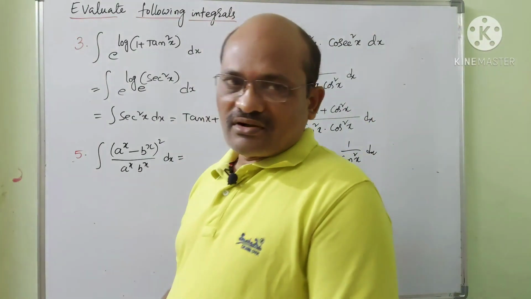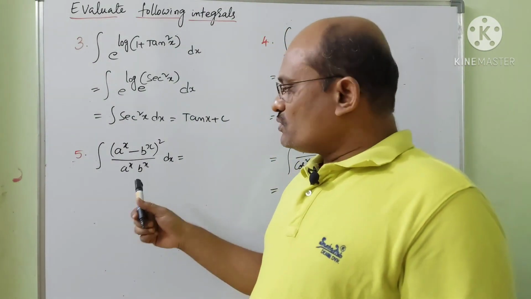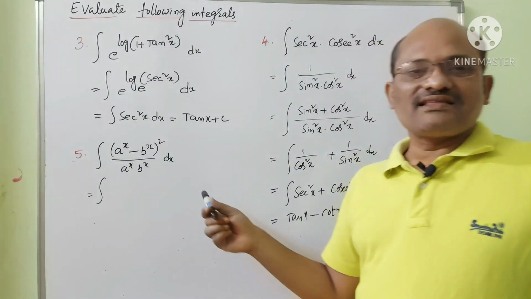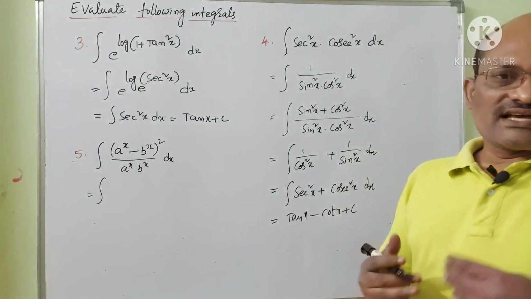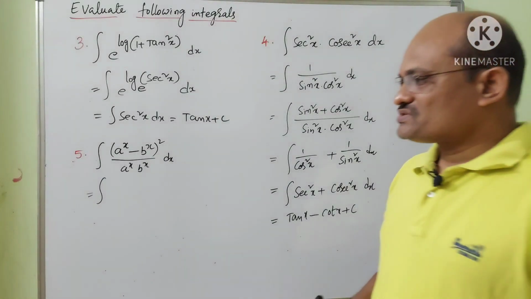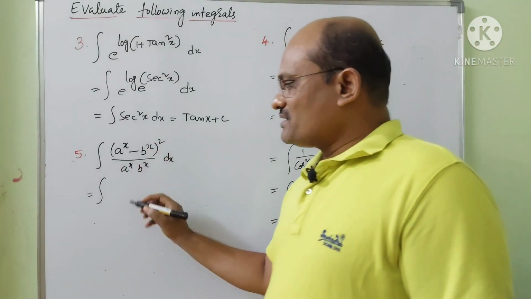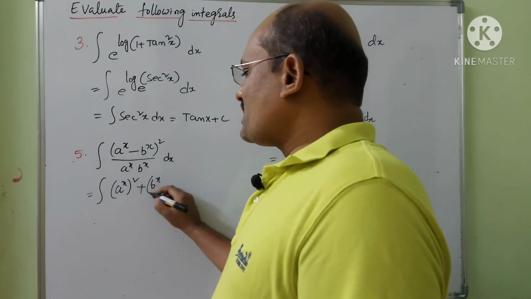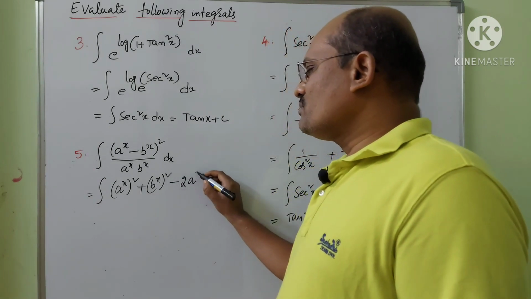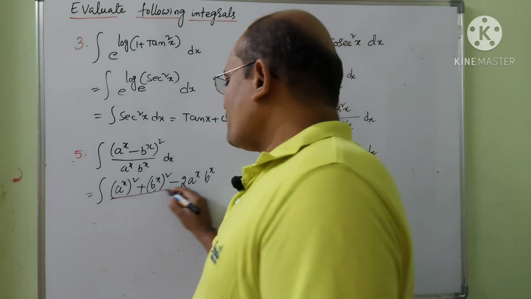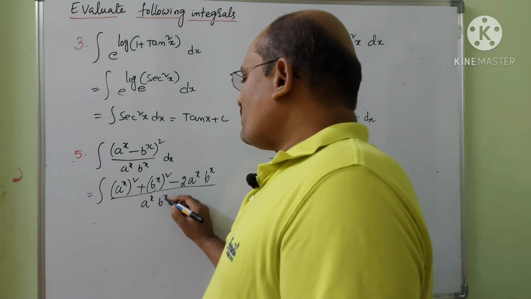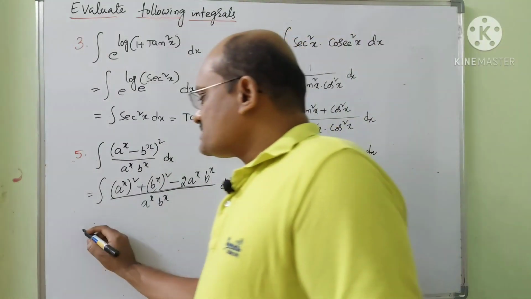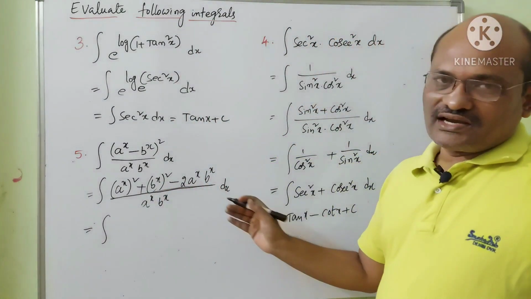Now problem number 5. We don't have a direct formula to get the answer, so simplify the function in such a way that we can apply the formula. So expand the numerator: a power x whole square plus b power x whole square minus 2 into a power x into b power x, by the denominator a power x into b power x. This denominator is for all the three terms.